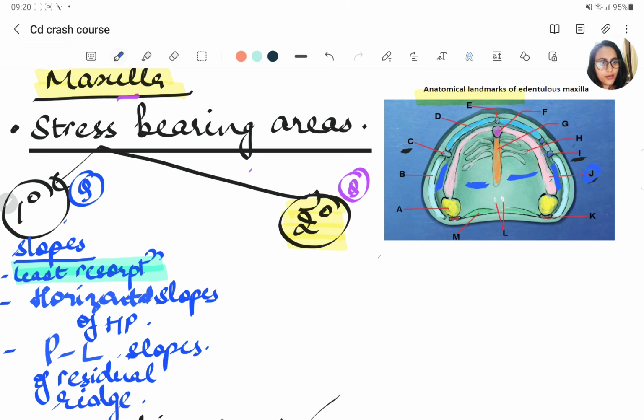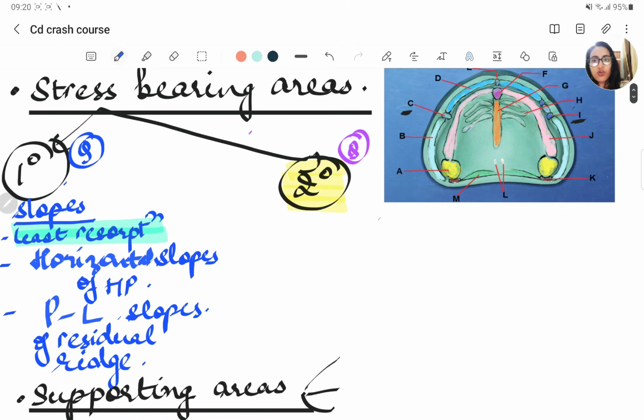So basically the posterior lateral slopes are going to bear all the stresses. So remember, the slopes are the primary stress bearing area. These have got the least resorption, and the secondary stress bearing area is the crest of the ridge. So remember one thing, the crest of the ridge is a stress bearing area for maxilla, and on the crest of the ridge in the mandible we cannot put pressure, so it's a relief area for the mandible.